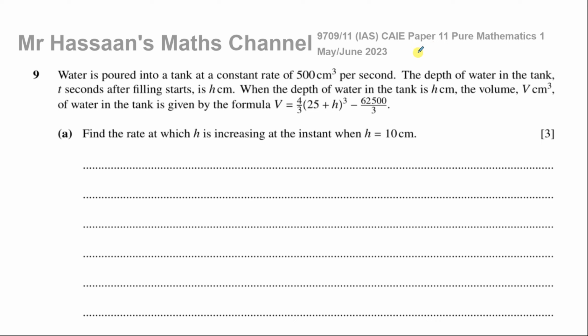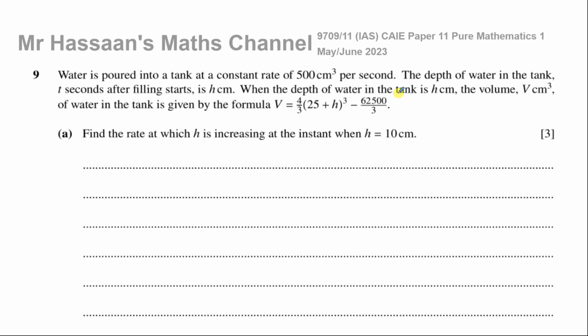And this question here is under the topic of differentiation, and specifically under the category of what are called related rates of change. So we're told about water being poured into a tank at a constant rate of 500 centimeters cubed per second. The depth of water in the tank, t seconds after filling starts, is h centimeters.